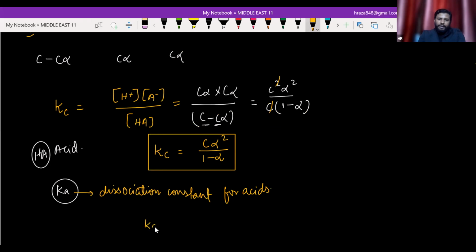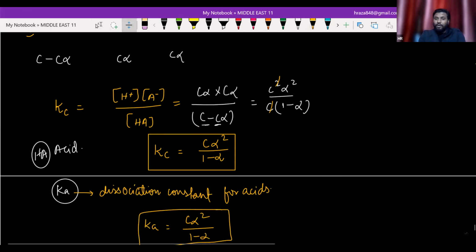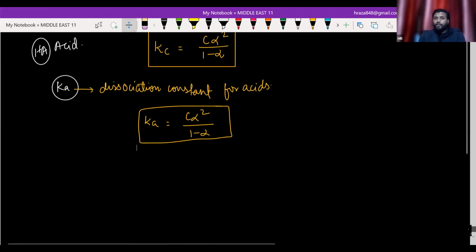So Ka equals, we can easily write, C alpha square upon 1 minus alpha. Is everyone okay with this? We just replaced Kc with Ka. Is everyone okay with this?